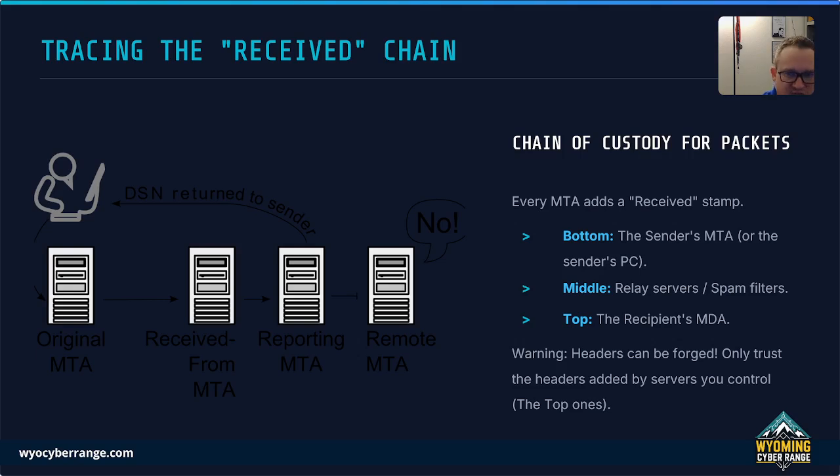So we need to understand header forgery: an attacker can use Telnet or a script to inject a fake received line into an email before it hits the first legitimate MTA, effectively burying their real IP address further up the chain. So we may have to look further into this to see whether or not it works.